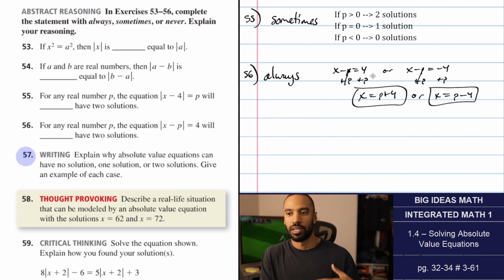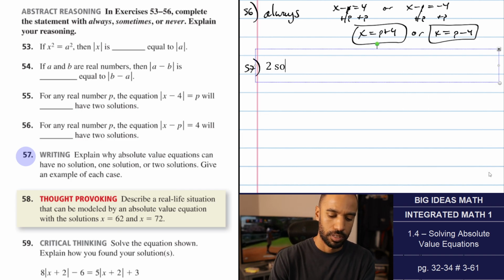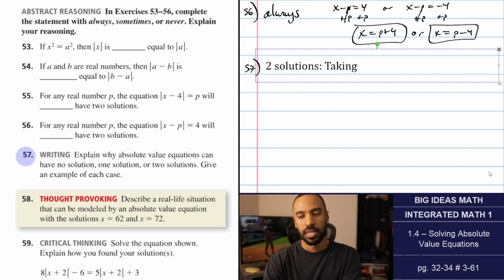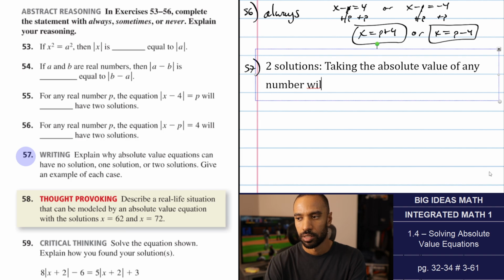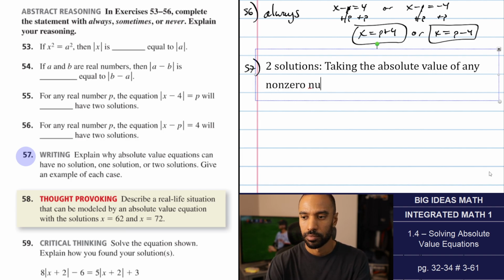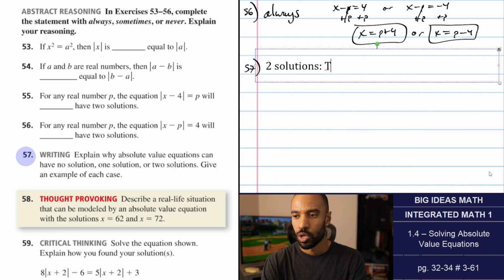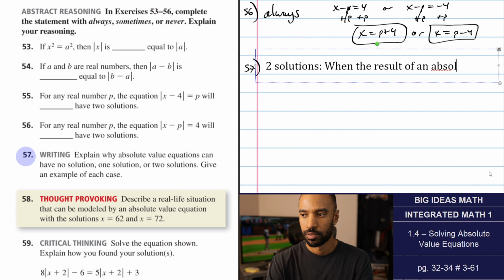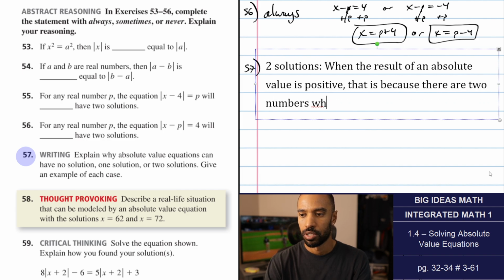The idea is that for the two solutions case, taking the absolute value of any non-zero number will result in a positive result, and that is because there are two numbers whose distance from 0 are equal: the positive and negative counterpart of that number.